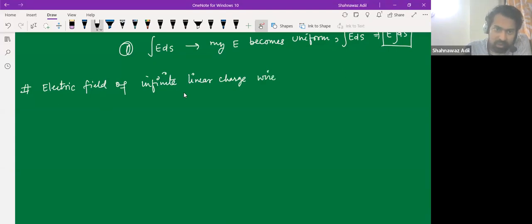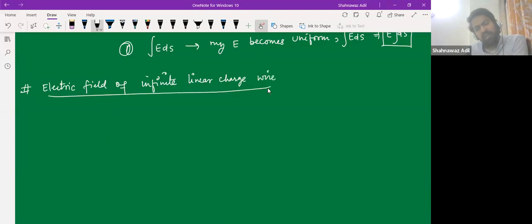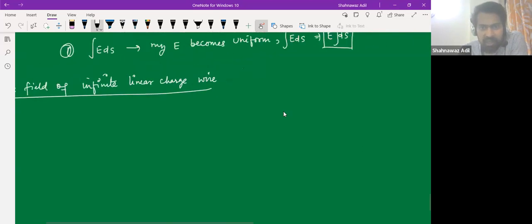So what are these things? Linear charge, surface charge, and volumetric charge. There are three kinds.